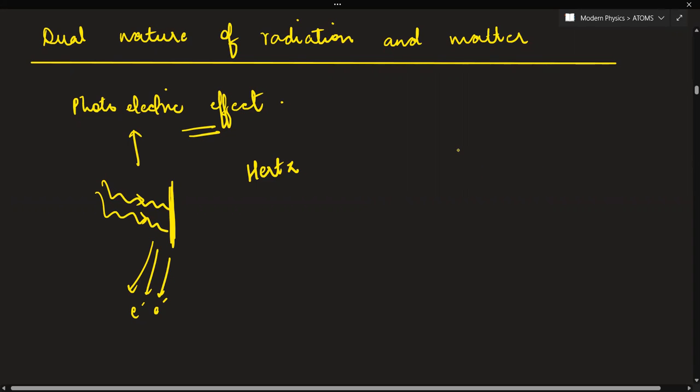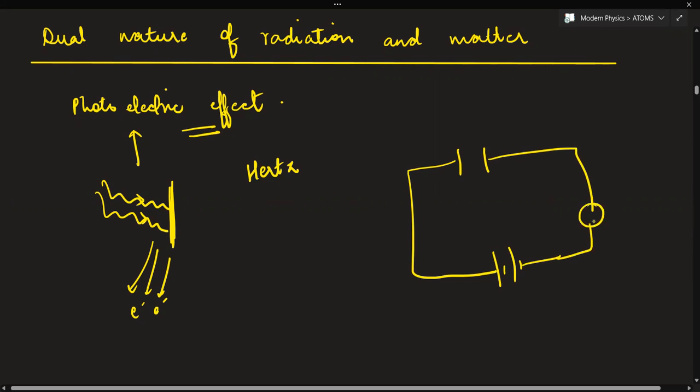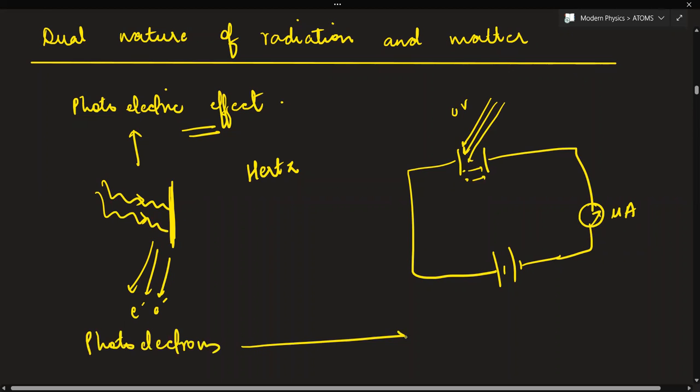In the setup, which you have studied in current electricity in term 1, a battery was there, an ammeter measuring in microamperes was there, and the UV light rays struck the plate and photoelectrons got ejected. So electrons moved and this generated photocurrent. These electrons are known as photoelectrons, and the current generated by them is known as photoelectric current.